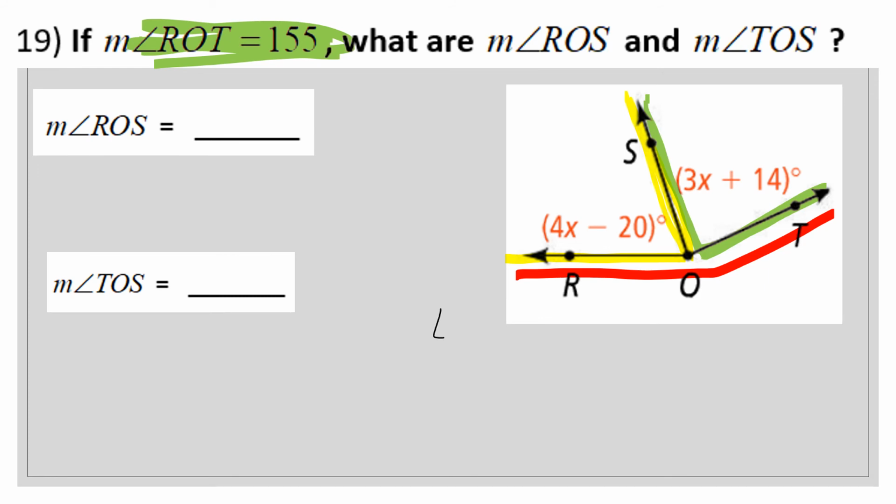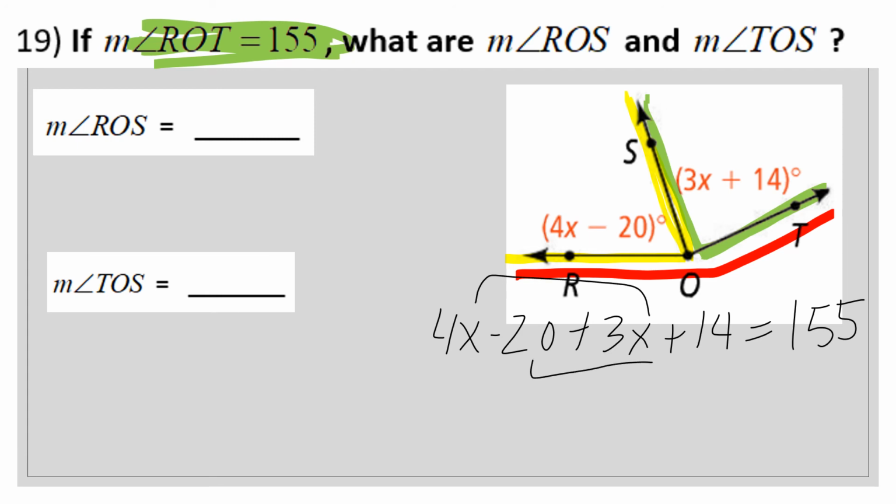So we know that 4x minus 20 plus 3x plus 14 equals the whole angle of ROT, which is 155. So I need to then combine like terms and solve for x. So 4x plus 3x is 7x.